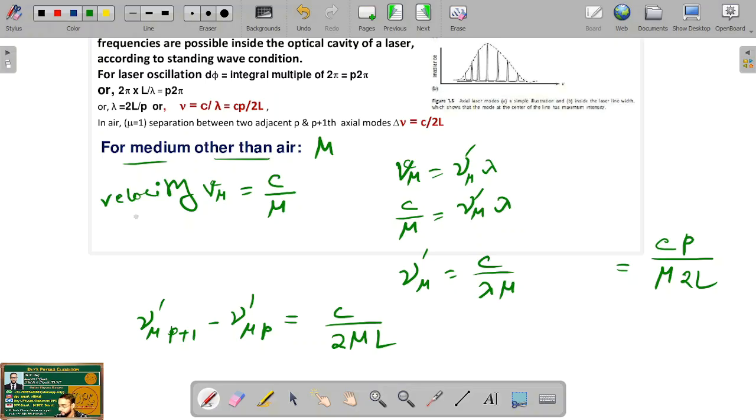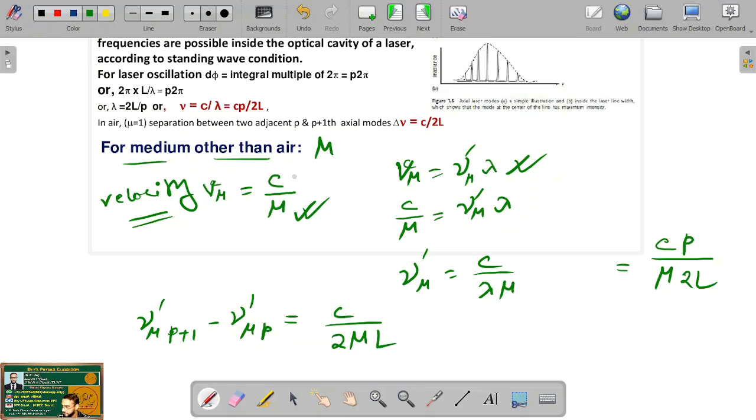So the velocity of the waves in that medium is given by v mu, which is equal to c by refractive index, where c is the speed of light in free space. As we know that velocity is frequency into wavelength, so in that medium the velocity would also be equal to the frequency in that medium, that is nu mu prime, into lambda.